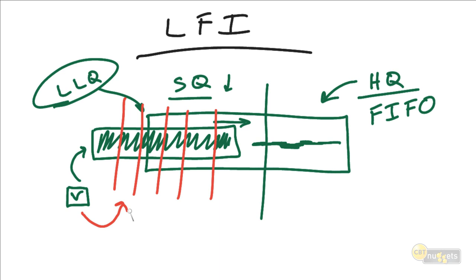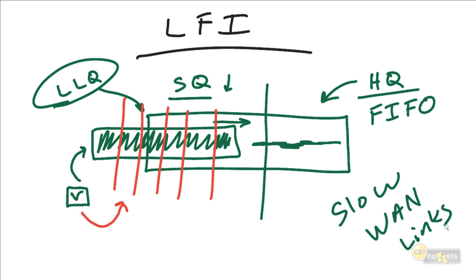So link fragmentation and interleaving is yet another differentiated services QoS approach, and this falls in our link efficiency category. By the way, the only time you see LFI done anymore would be on really slow WAN links, where we have this problem with jumbograms causing an issue.